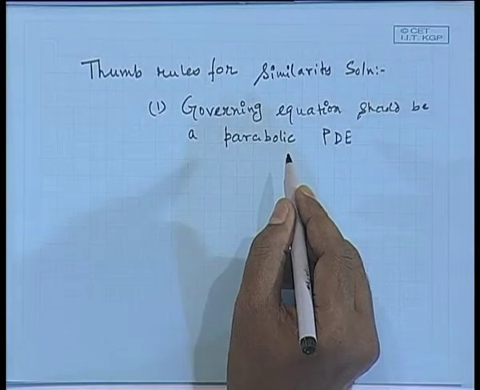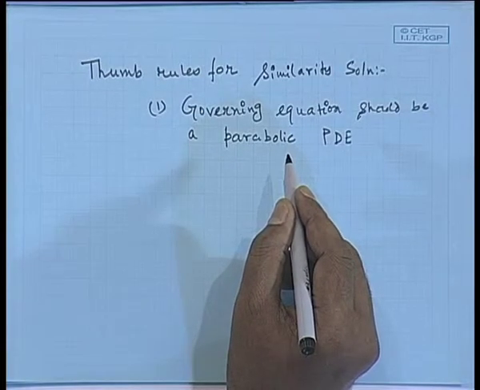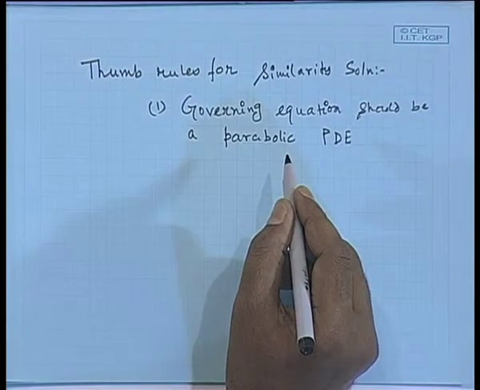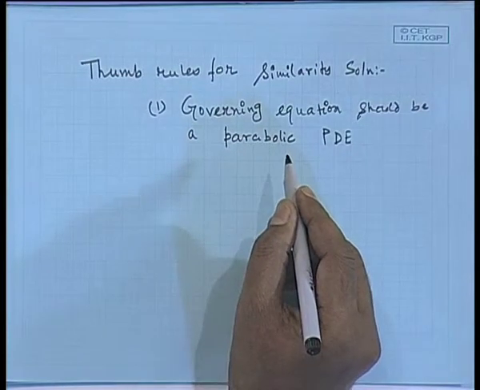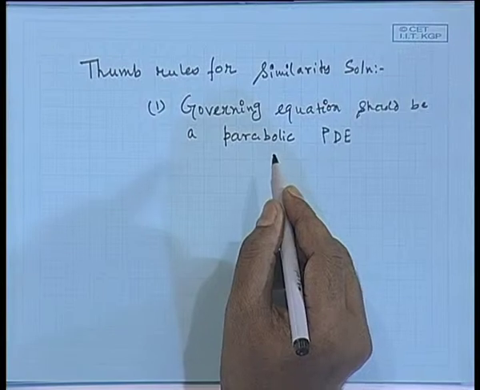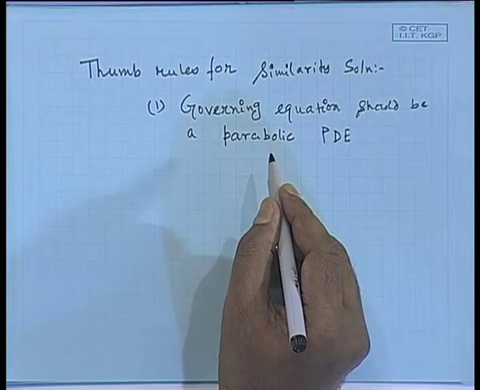If it is a 3 variable problem, how to know the parabolic equation? Suppose it is t, x and y, all the independent dimensions are involved. So, it will be a 3 variable problem, a 3 dimensional problem.